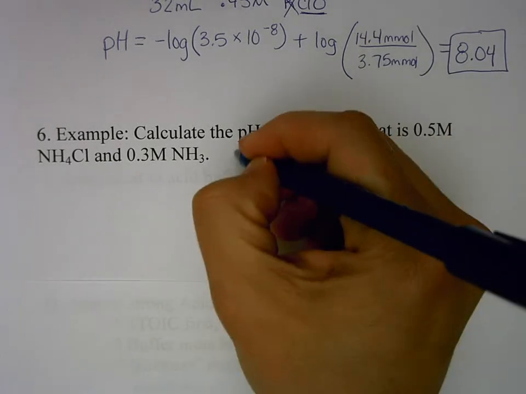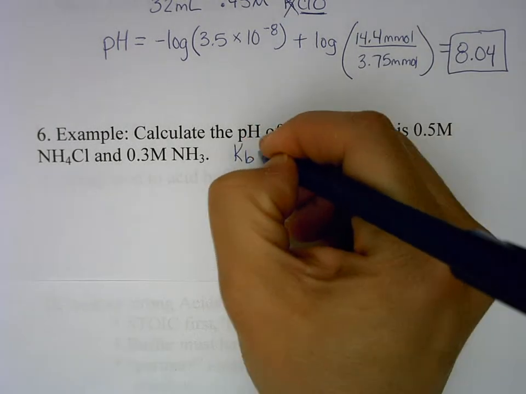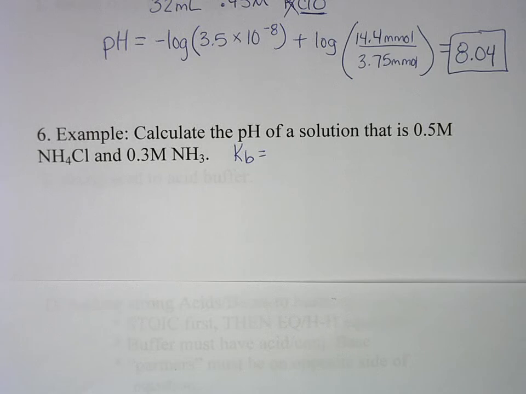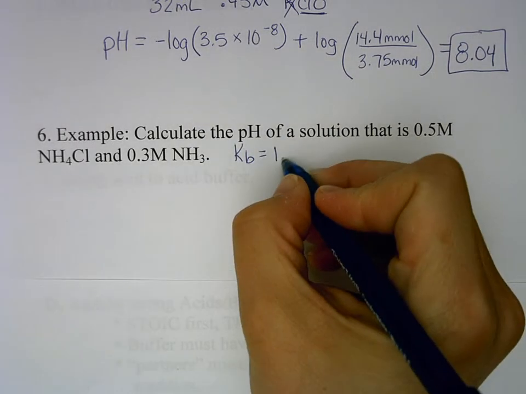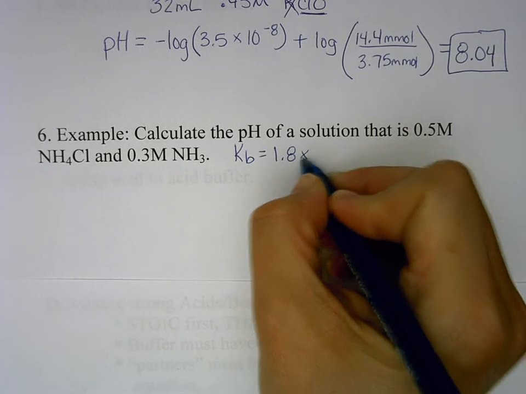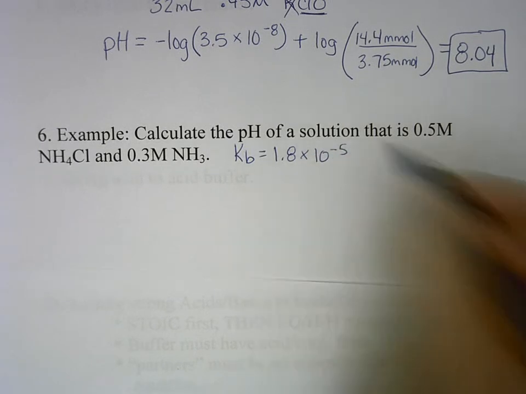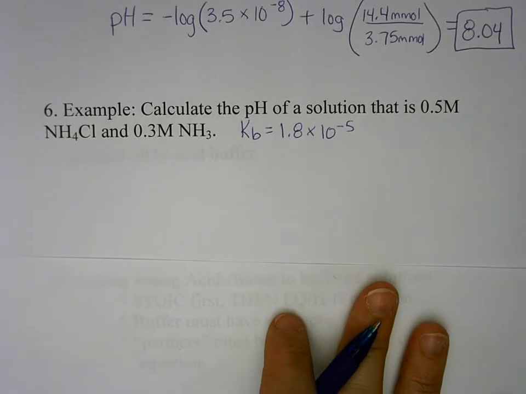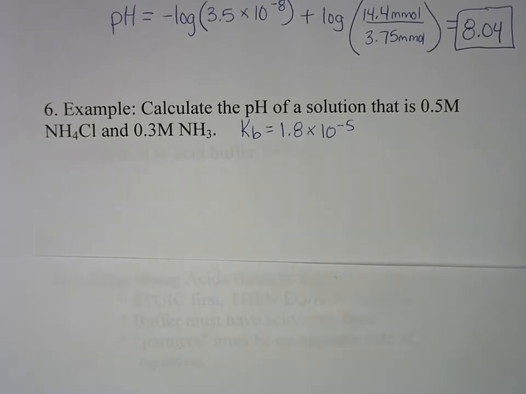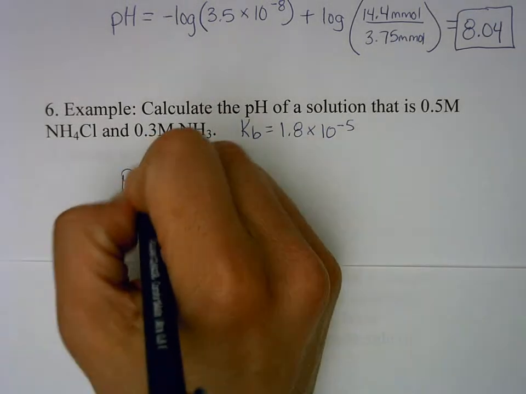When you have a buffer solution that has basic stuff in it, then they give you the Kb value. And it just so happens that the Kb value for ammonia is the same as the Ka value for acetic acid, but that's the Kb value. So the only difference here is a couple things.